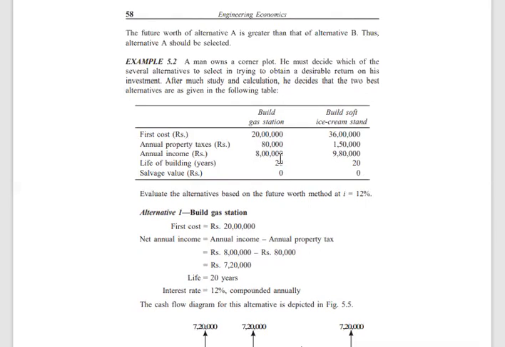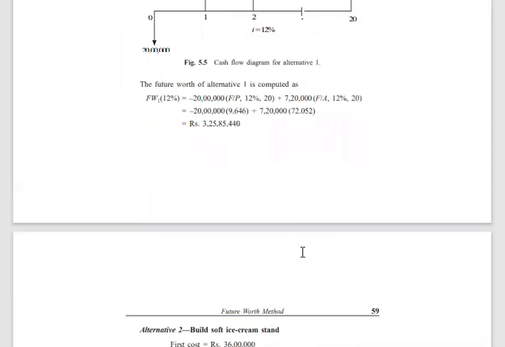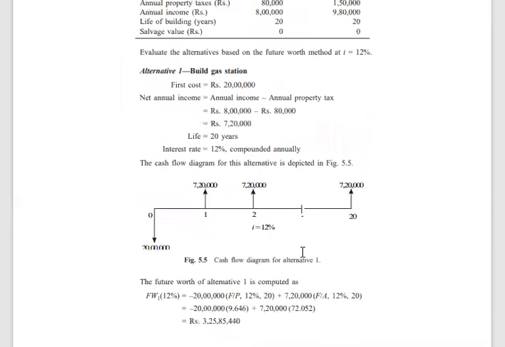And the life of the building is 20 years for the gas station and also 20 years for the ice cream stand. Also, no value is given for the salvage. It is also given to evaluate the alternatives based on the future worth method at an interest rate i of 12 percent.